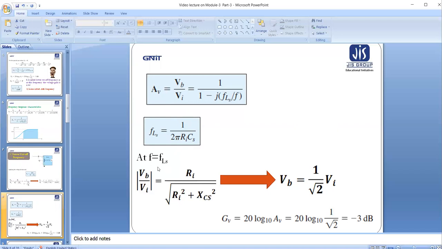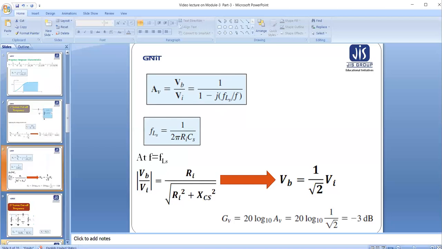So when F equals FLS, VB equals 1 by root 2 into Vi. If we place F equals FLS, it will be 1 and 1, so mod AV will be 1 by root over 1 square plus 1, that means 1 by root 2. If we consider it in decibels, it becomes minus 3 dB. Same concept, whatever process you are following.